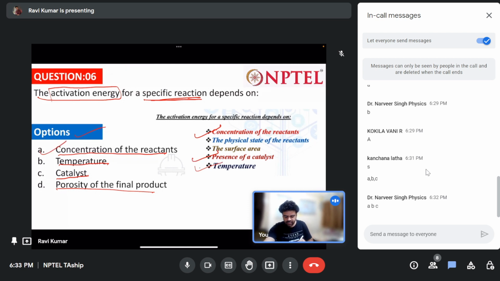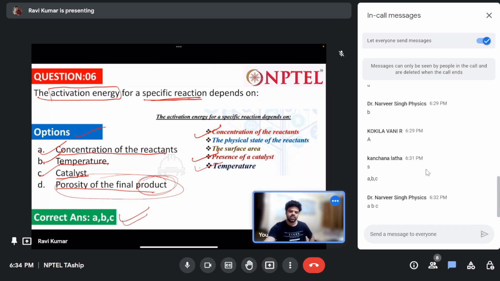These three are the correct answer, not the fourth, porosity of final product, because nothing here depends on the product. Activation energy is before the product formation, so we can eliminate this one. So yes, A, B, C are the correct answer here. Let's move to the next question.